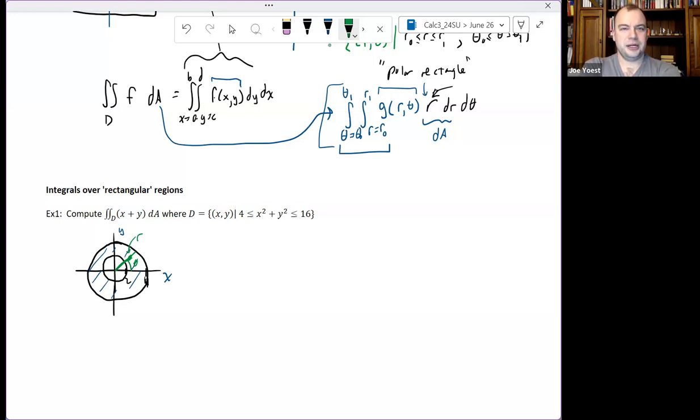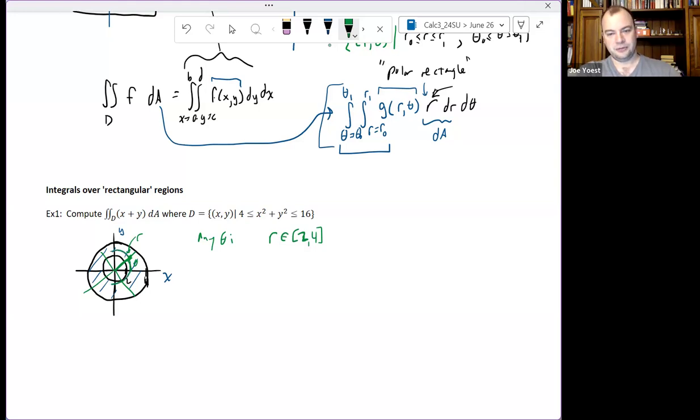No matter what choice I pick for theta, for any theta, r ranges between 2 and 4. I could pick r any way that I like between 2 and 4, regardless of what direction I'm looking at. And if I pick r to be some number between 2 and 4, maybe 3 or 2.5, I could pick theta any way that I like.